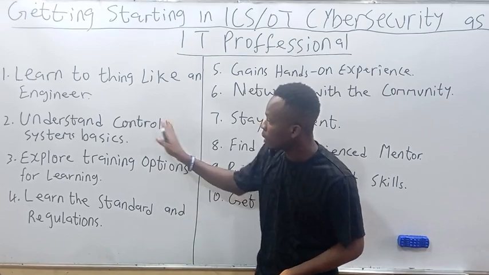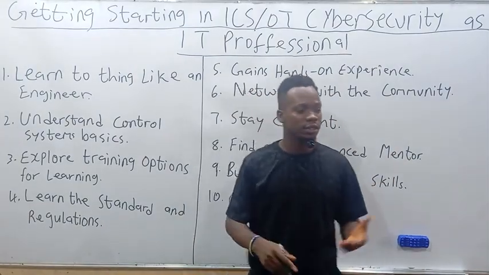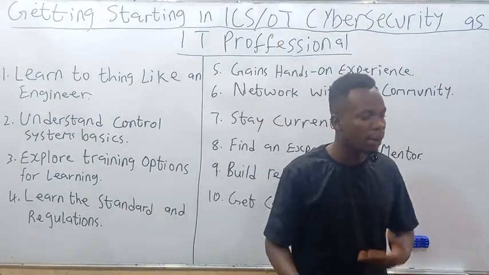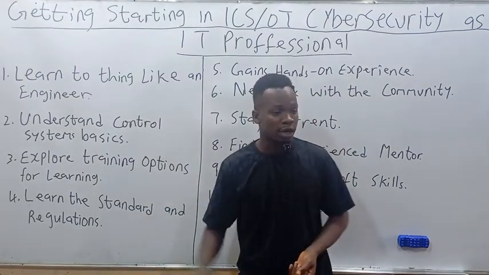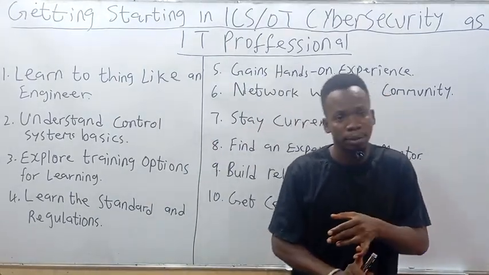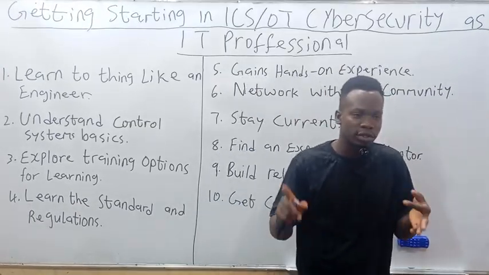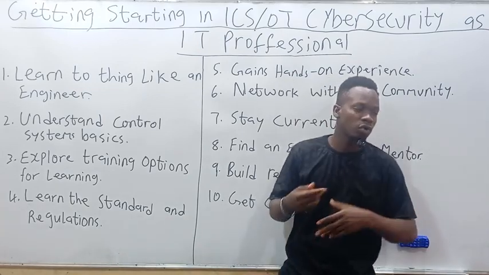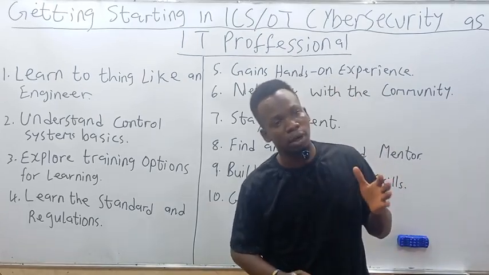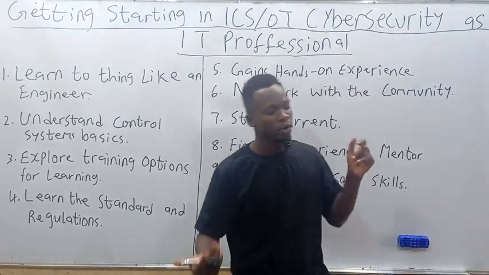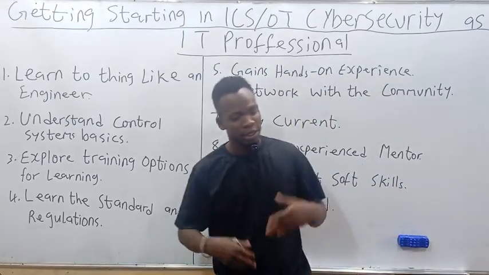Now let's move to number two, which is understand control system basics. These are the things you need to learn. Before security, you must understand how these control systems work, like what a PLC, programmable logic controller, does, what a DCS does, and how sensors and actuators work. For example, a PLC opening a valve, or a sensor reporting a pressure, or a control loop keeping things stable.